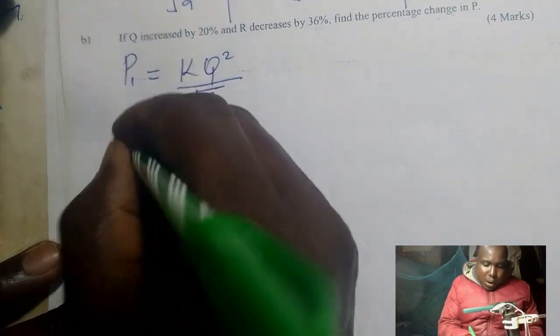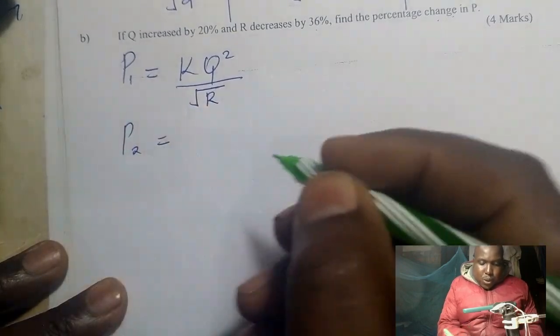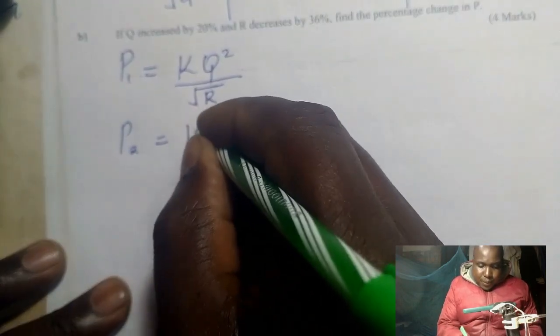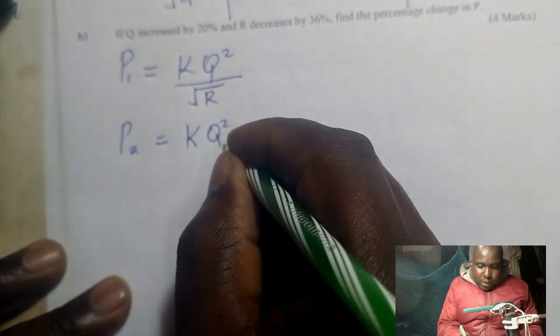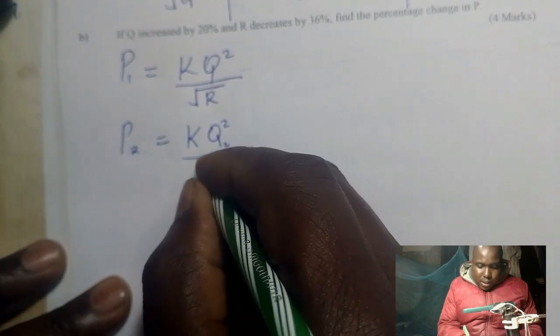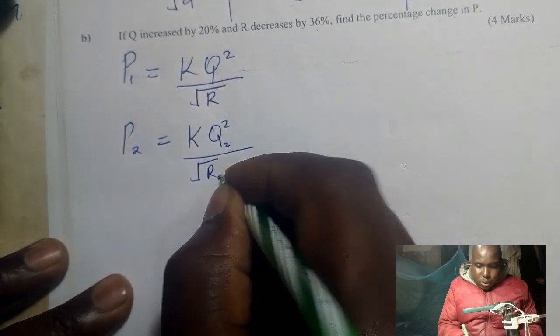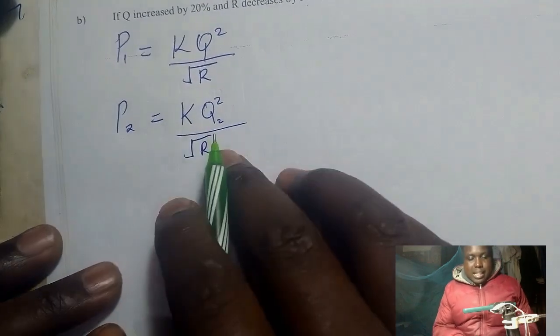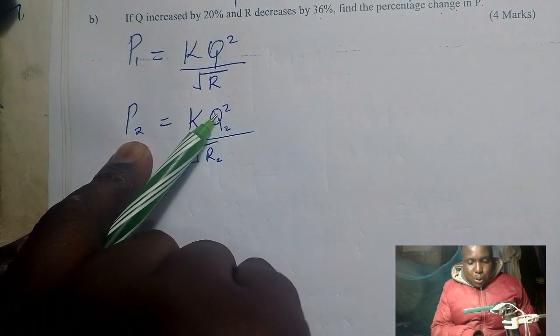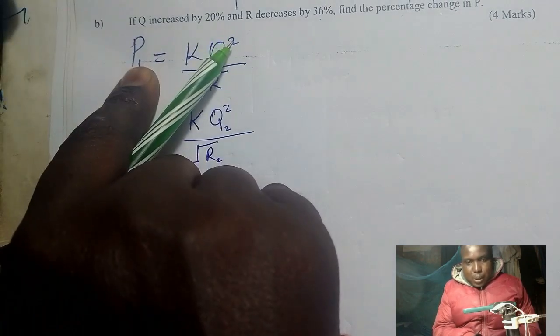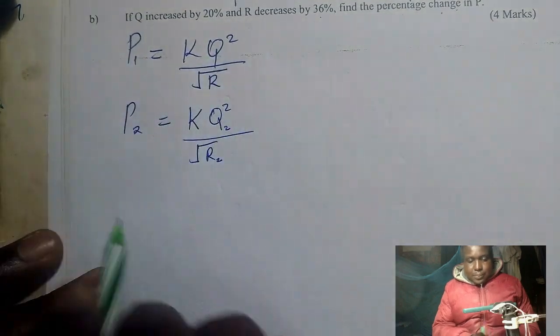So we will now have our P2, which is going to be K Q2 squared over the square root of R2. This one is going to be the second, after the increase, so after increase we have P2. Before the increase is P1, right?